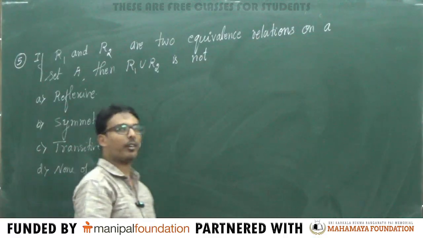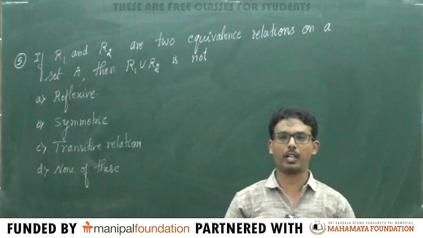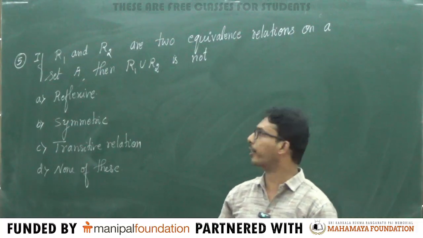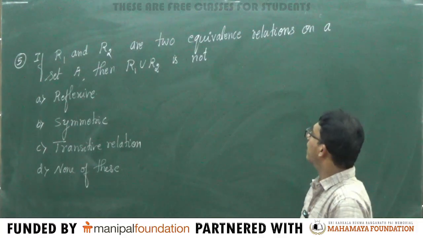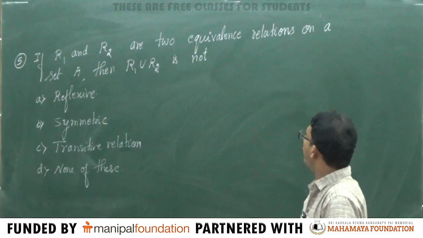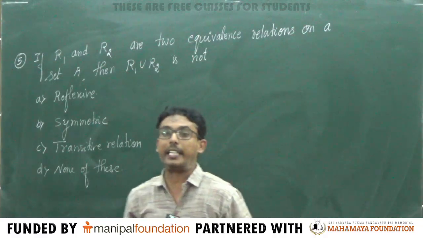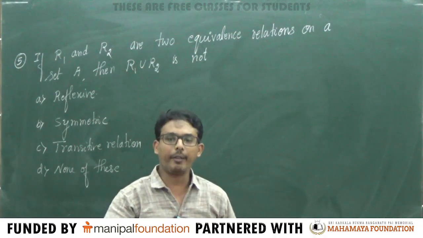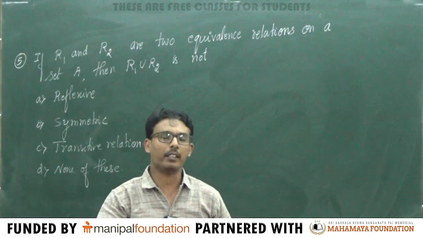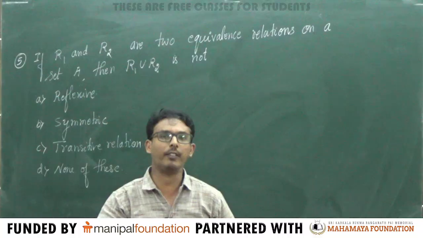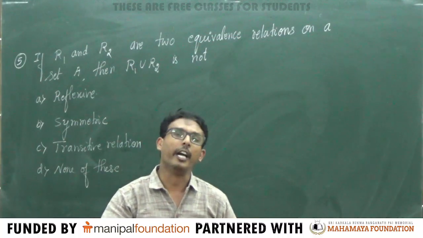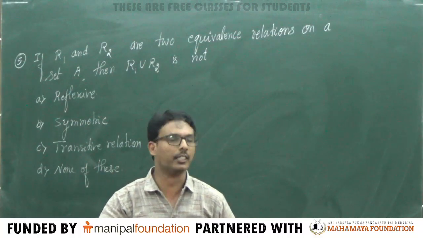So this is one of the very important problems from the CET examination point of view. Here R1 and R2 are equivalence relations. As we know, equivalence means the relation is reflexive, symmetric and also transitive, and both are equivalence relations on the same set.